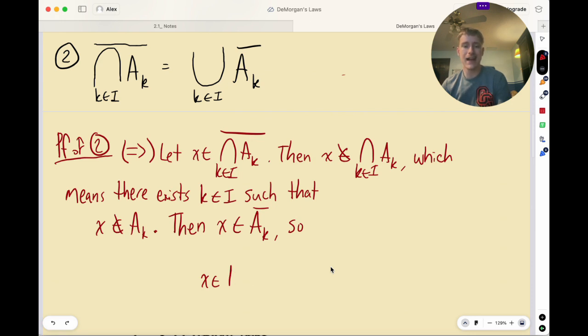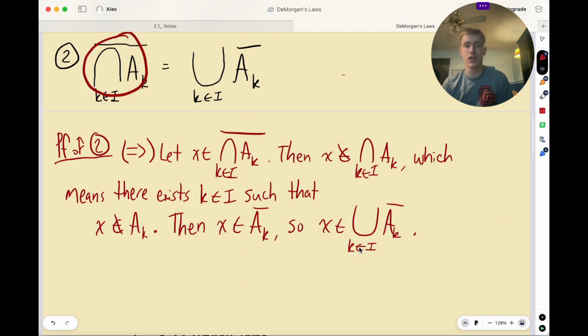By the exact same condition, if x is an element of the complement of one of the A sub k's, then it follows that x has to be a member of the union of all of the A sub k complements, because we know that it's an element of at least one of them. And then we proved that because we showed an element in here is an element in here. So that's the forward direction.